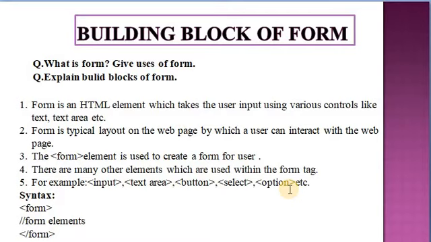And all this content of a form appears within the form tag. The form has an attribute action which gets executed when a user clicks a button on the form. The syntax of a form is the form tag, after that you can write the form elements and close the form tag.